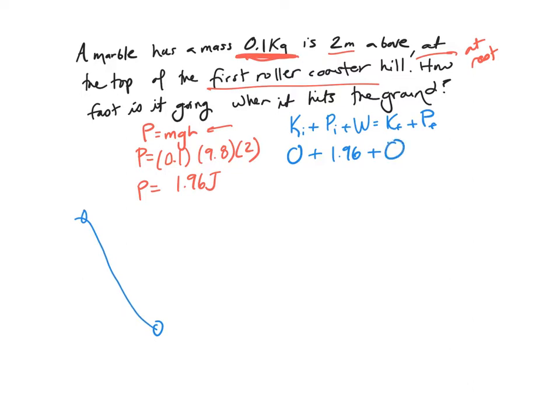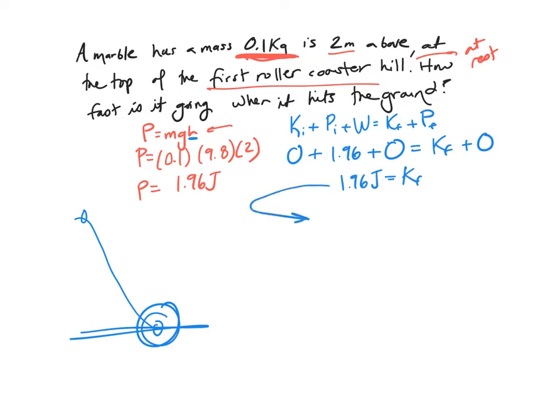Work is going to be 0 because they made a big point of saying there's no friction, no air resistance. It's not like the marble has a jetpack, so we don't have to worry about it. Kinetic final, that's what we're trying to find down here. The potential final, well, you're on the ground, so your height would be 0, and therefore your potential energy is 0. So your final kinetic energy is going to be 1.96 joules.